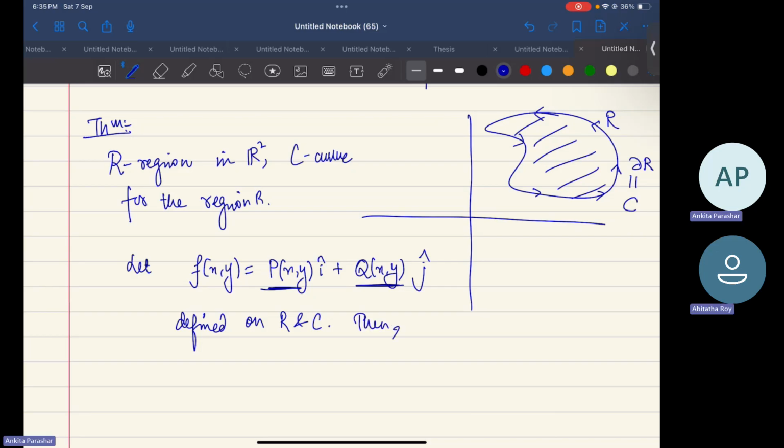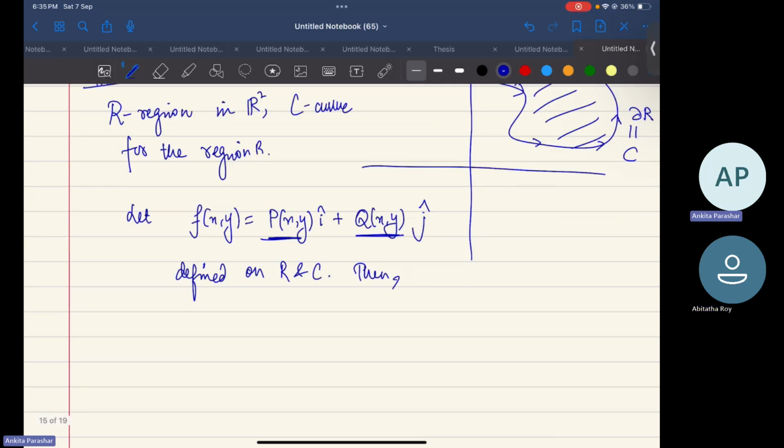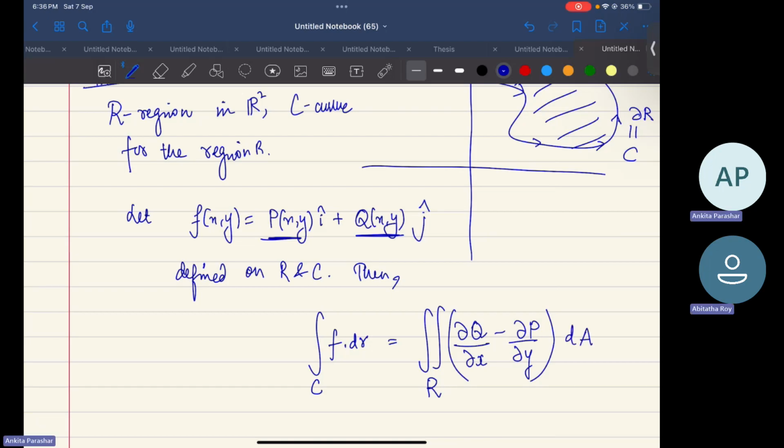Then this is the statement: the integral of F dot dr over the curve C is the double integral over the region R of del Q by del x minus del P by del y, that is, over the area of the region R.